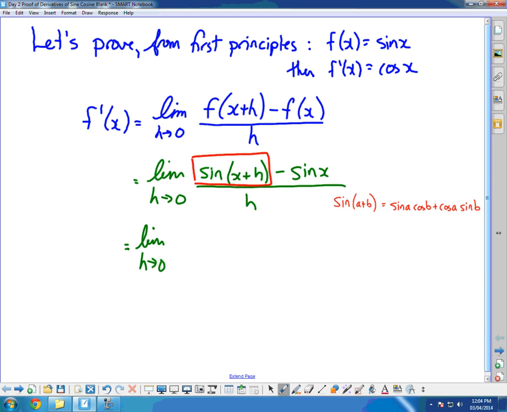Instead of a plus b, it's x plus h. So it'll be sine of the first, so sine x, cos of the second, plus cos of the first, sine of the second, minus sine x, that's tagging on there, and then all over h.